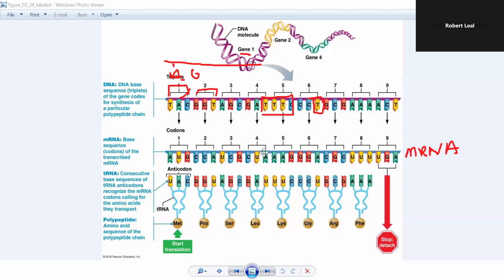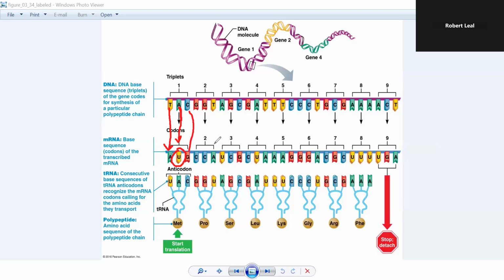You're going to see a different nitrogen base in its place. It's called uracil. So if there's a thymine in DNA for the messenger RNA, you're going to put adenine, A to T. But look here, adenine in the DNA, you're not going to put thymine in the RNA. Instead of thymine, you're going to put down uracil. If there's cytosine, you'll still put down guanine.